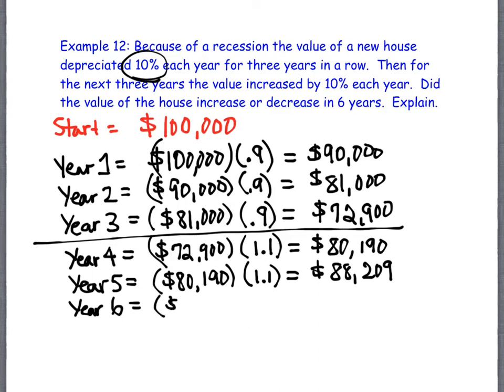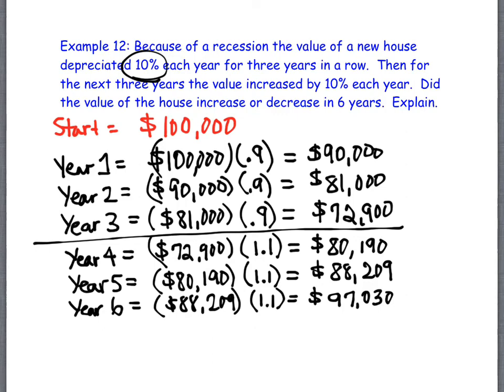So now I have an 88,209. And it's going to go up one more time by 10% to leave me with what? Yeah, we can round off to the whole dollar. That'll work. So $97,030.